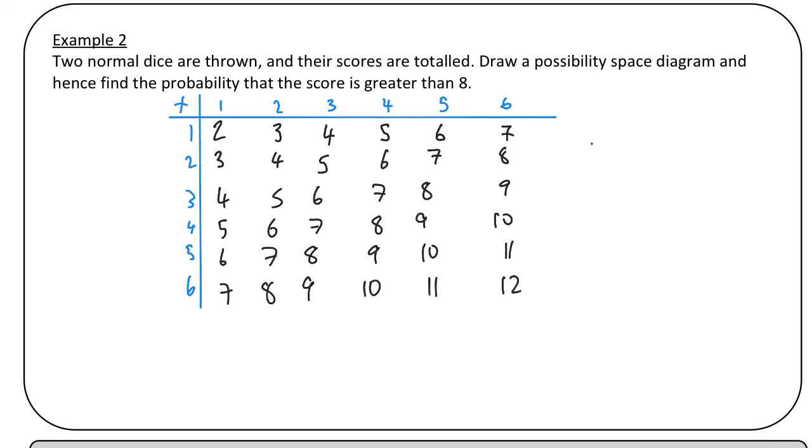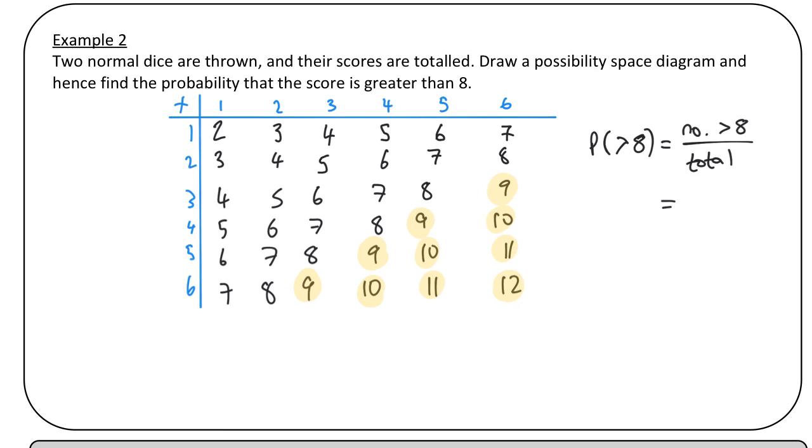And what we were looking for here was the probability that it was greater than 8. So that's going to be the number that are greater than 8 over the total number. So let's see how many are bigger than 8. So we've got four 9s, 3 10s, 2 11s, and 1 12.